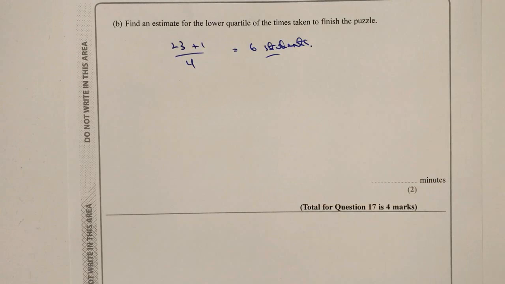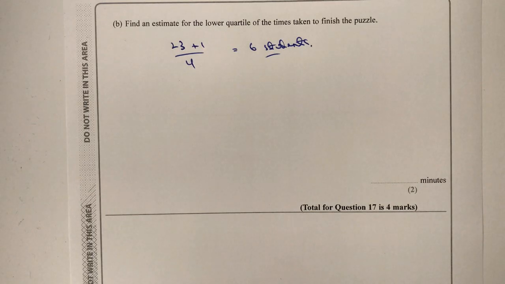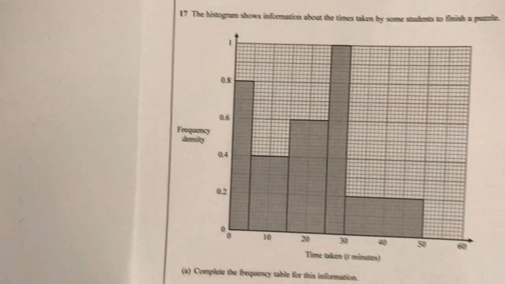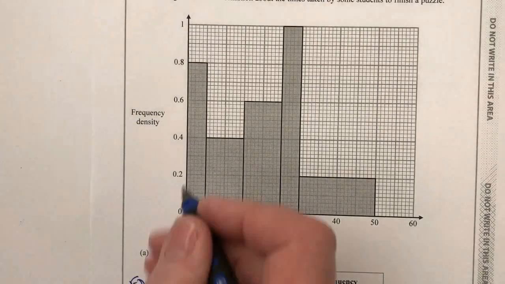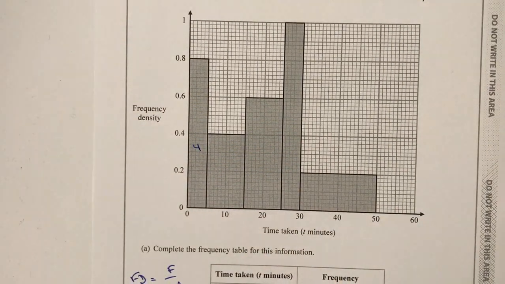So what we're looking at is an estimate for the time taken for those 6 students. If I go back to the graph itself, I know there's 4 students in the first column.